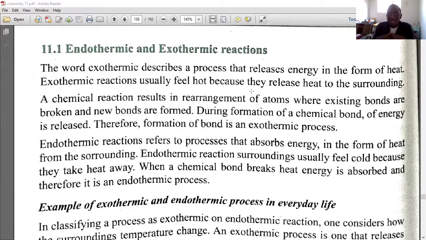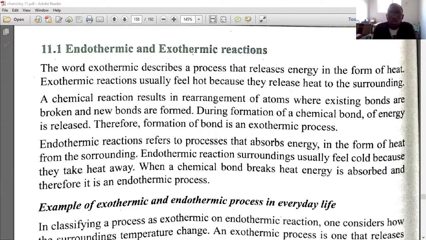An endothermic reaction refers to processes that absorb energy in the form of heat from the surroundings. So the energy is absorbed from the surroundings into the system. In an endothermic reaction, the surroundings feel cold. We're not going to go into the bond breaking and bond formation. So basically that is the meaning of endothermic and exothermic.